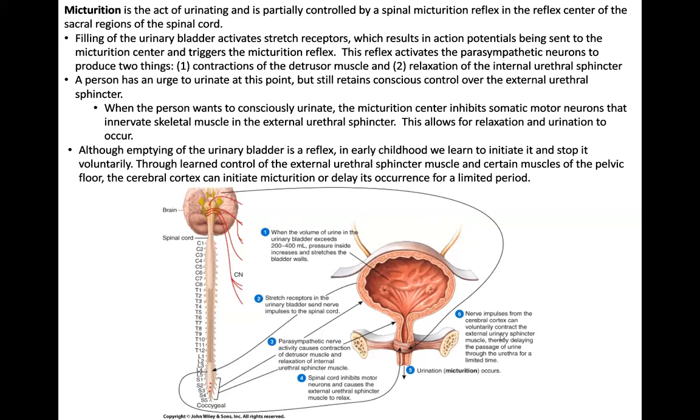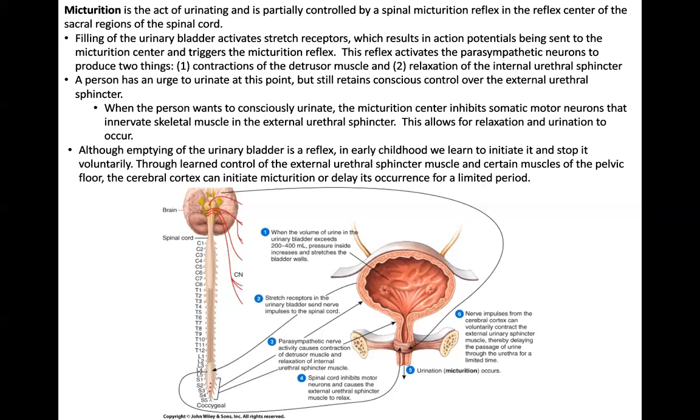We have that voluntary ability to control it, which allows for you to hold your pee. And this is an example, and we get this in early childhood, where we can delay or essentially kind of suppress a reflex for a limited period of time. And that's a rare example.